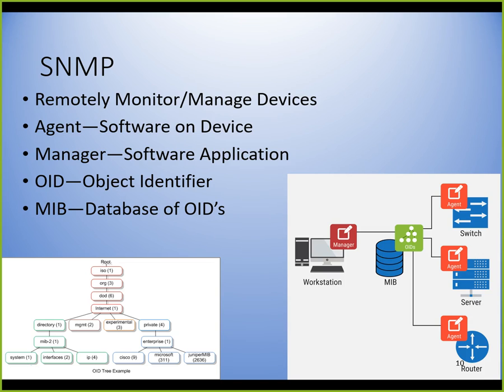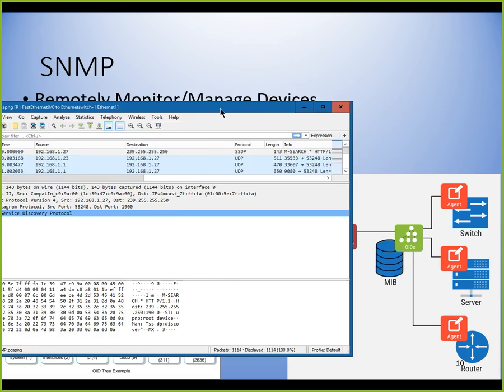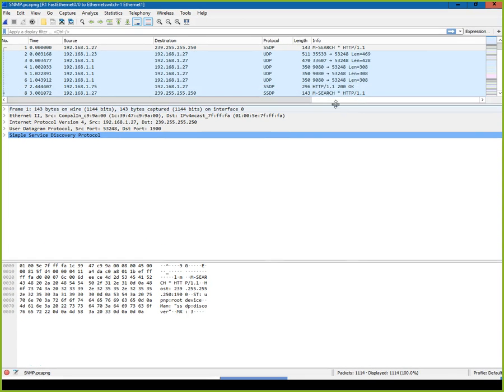An OID is a string of numbers, and I think that I have a Wireshark capture of SNMP so that you can see what it would look like on the network. I'm going to show you an SNMP capture here in a second.